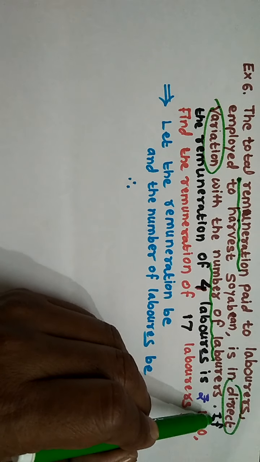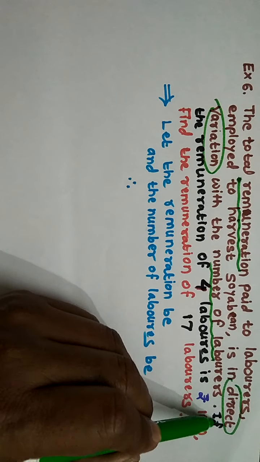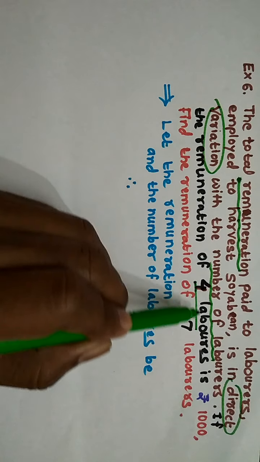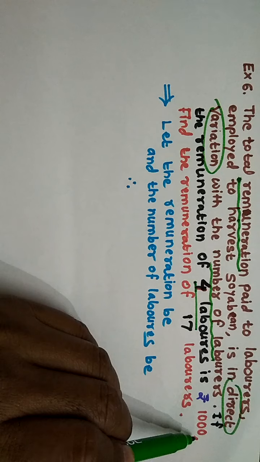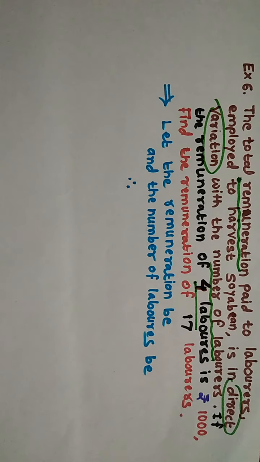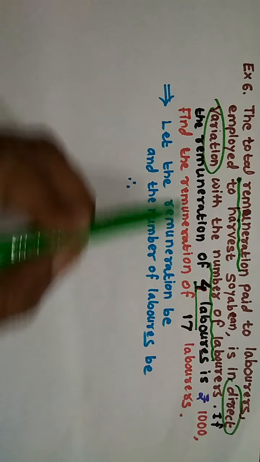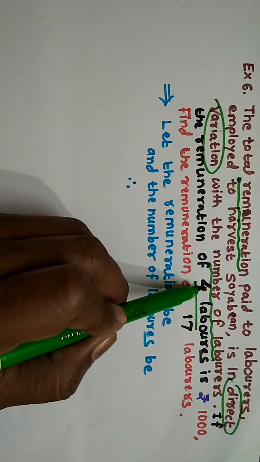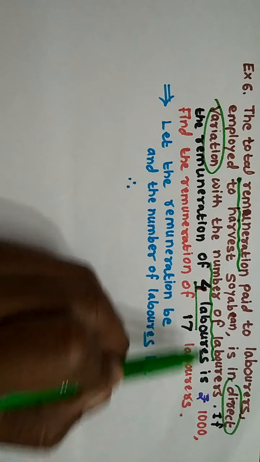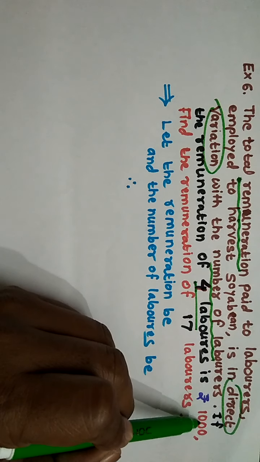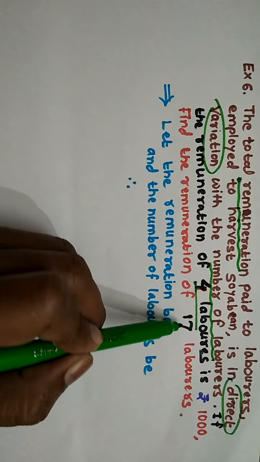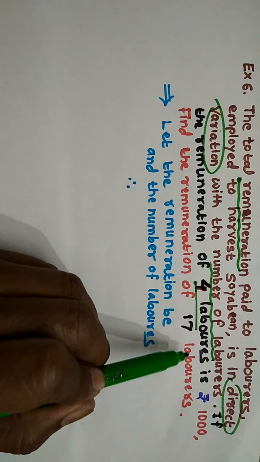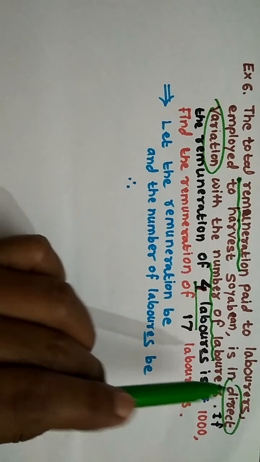Now read the example next. If the remuneration of 4 laborers is rupees 1000, find the remuneration of 17 laborers. Means for 4 laborers they paid 1000 rupees. If 17 laborers, then how much remuneration will be paid?